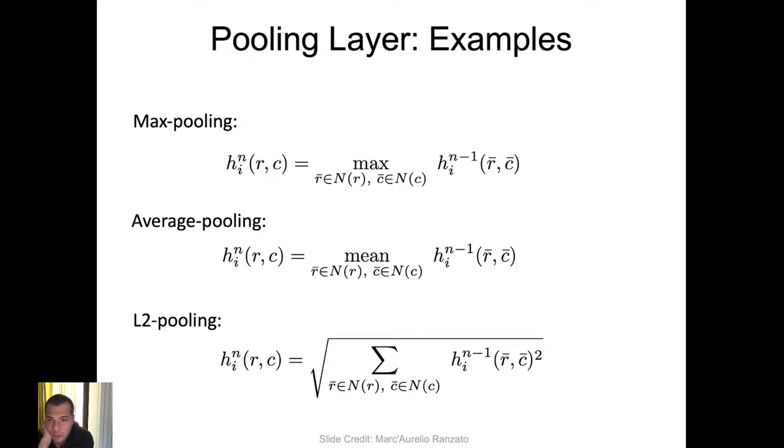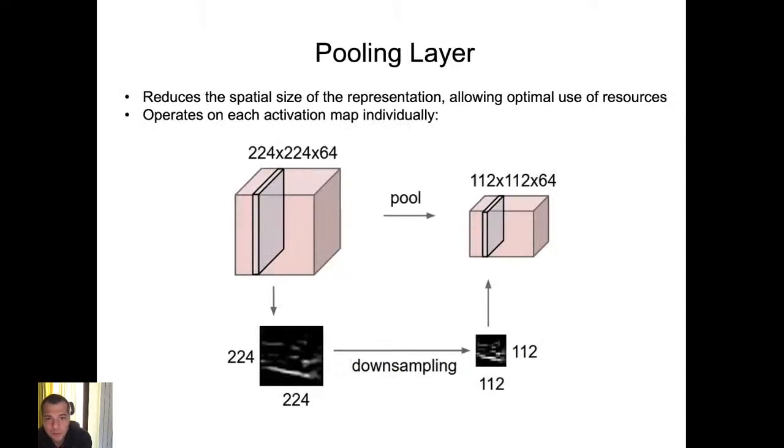Another, perhaps the second most popular, is average pooling, and then there are other ways to obtain the response in a certain location. There are also some new ideas in the literature that use, for example, the standard deviation instead of the average, and so on. There are really different ways to apply it, but I think the most common one is max pooling.